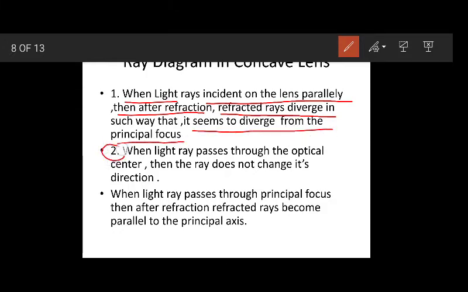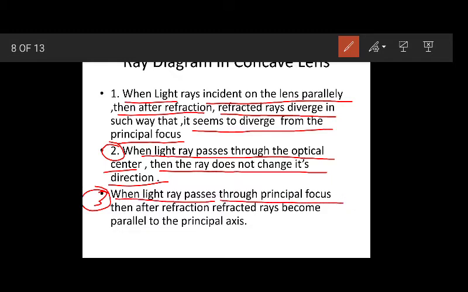Number 2, when light ray passes through the optical center, then the ray does not change its direction. And number 3, when light ray passes through the principal focus, then after refraction, refracted rays become parallel to the principal axis. That is the ray diagram for concave lens.